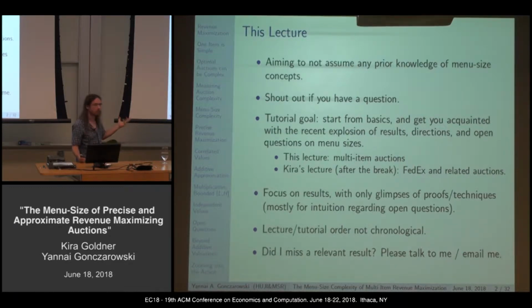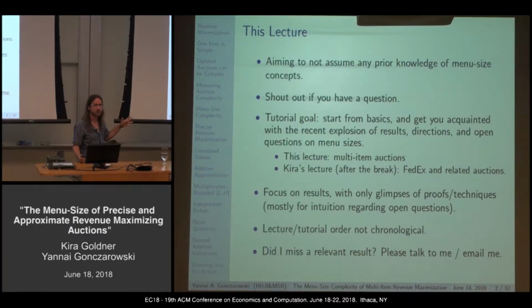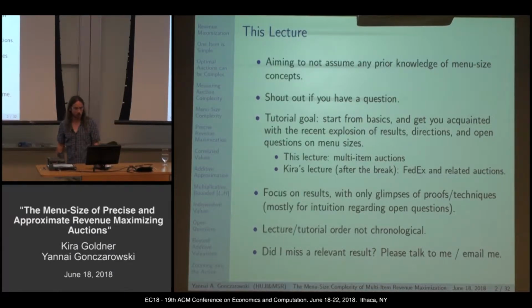The tutorial order is not chronological by papers, but rather ordered by subjects. So if you don't see any paper, it might appear later, but if it doesn't appear at all, please talk to me or email me if you think that I've missed something that would have been worth mentioning.